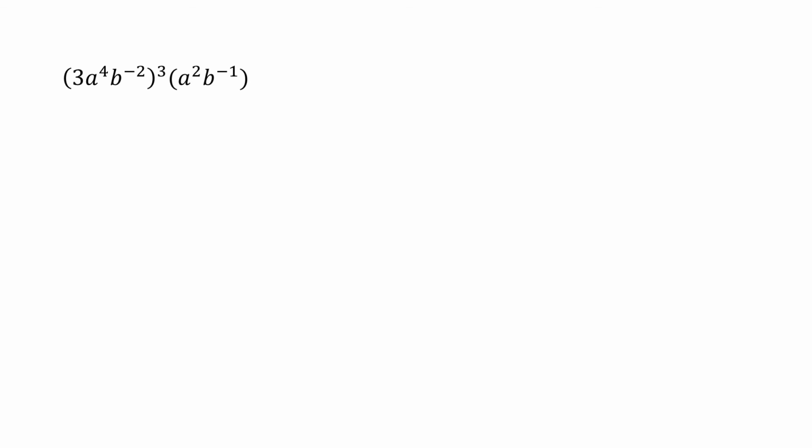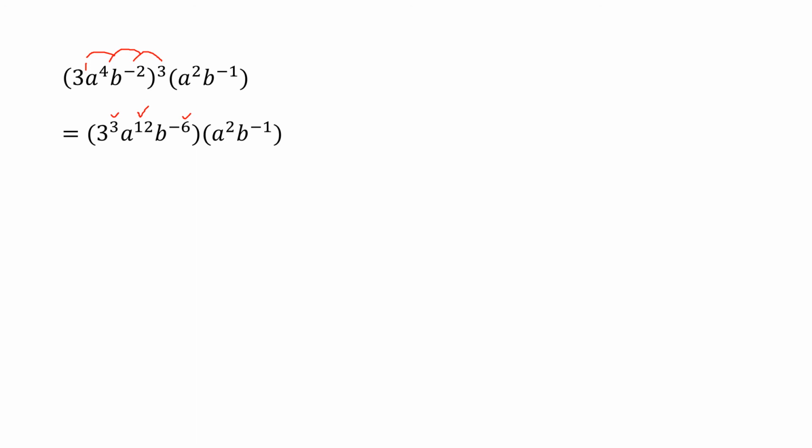The next question has got 2 factors in brackets. First of all, we multiply this 3 with all of the exponents. 3 has exponent 1, a has 4, b has minus 2, so it comes 3 ones are 3, 3 fours are 12, and 3 twos are 6, minus 4 there, so minus 6.